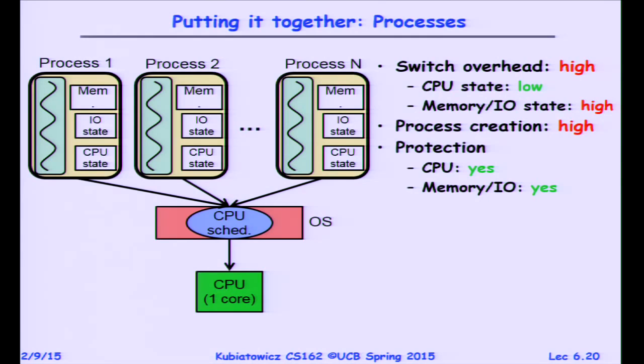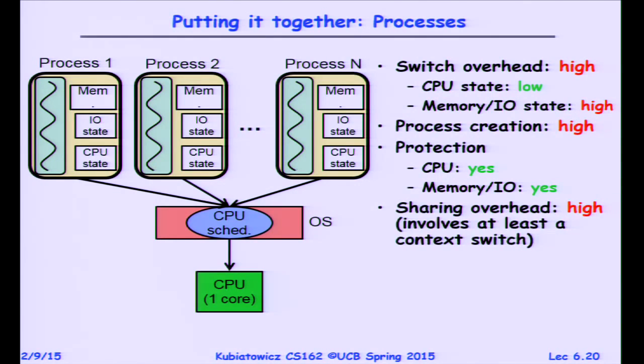Is there protection? Yes, the CPU is protected, the memory is protected. Every parallel piece of code that's running is protected from every other parallel piece of code, so that's nice. Sharing, harder. If I want a process to share with another process, I've got to do some sort of communication, and by the way, setting up a socket between the two of them and talking between sockets works pretty well.